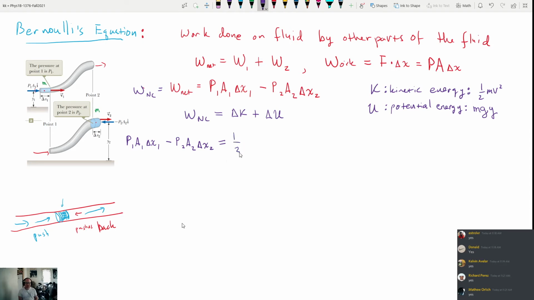The change in kinetic energy should be 1/2 its mass times v2 squared minus v1 squared. That's the change in kinetic energy. v2 squared is its final speed, v1 was its initial speed. Plus, we also have to write m times g times y2 minus y1 because it changes height.